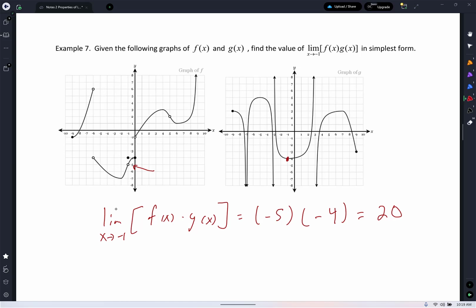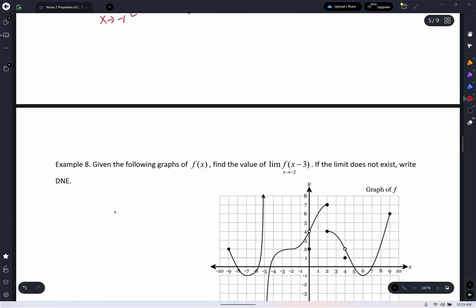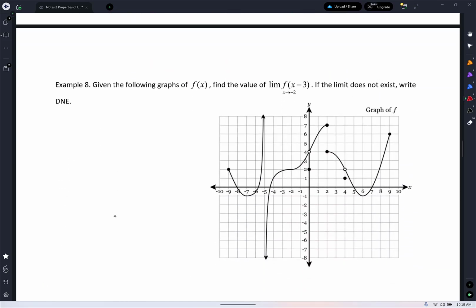Are we getting it, guys? All right, so 2 years ago when I taught it to the class of 23, this is the same question. I thought it was easier to just talk about what this is compared to this, and it just means a horizontal shift 3 to the right.